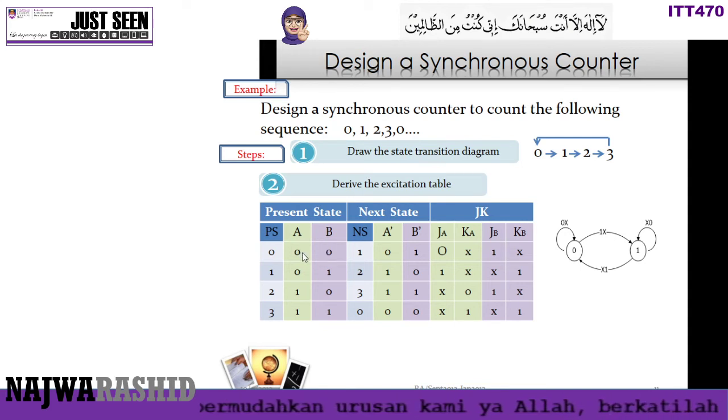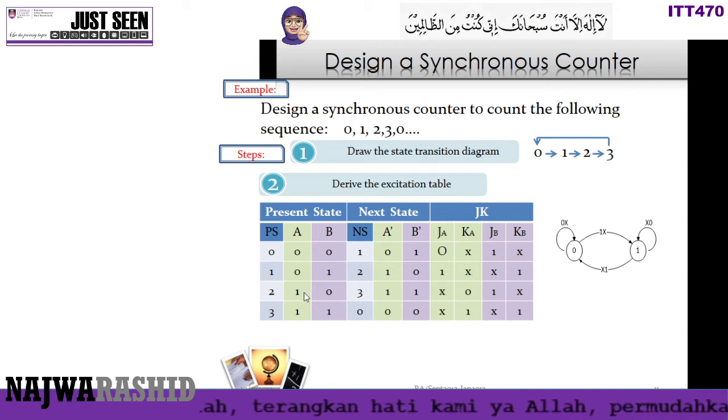This one, the present state is 0. The next state is 0. So based on this diagram, 0 to 0, so 0x. You put 0x. Next, 0 goes to number 1. So that means you have 1x. So you put 1x.